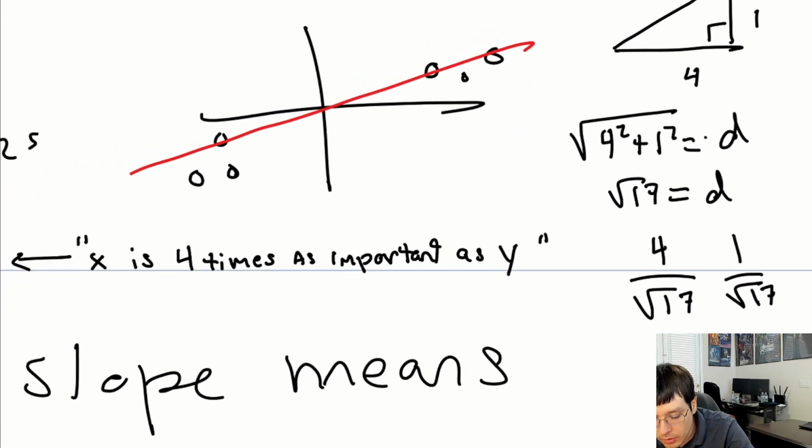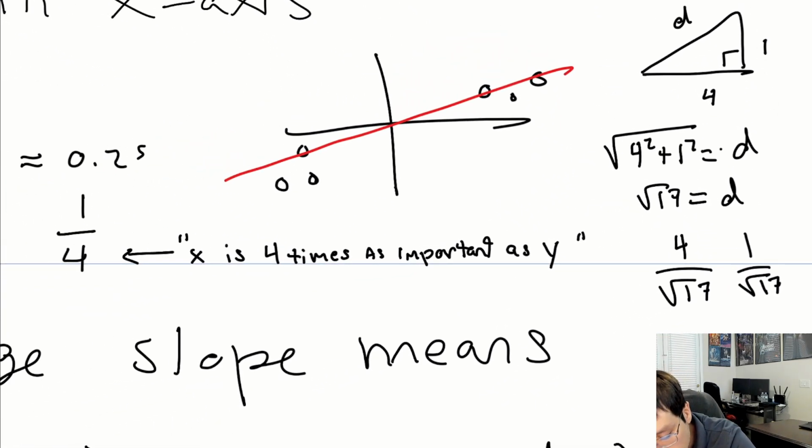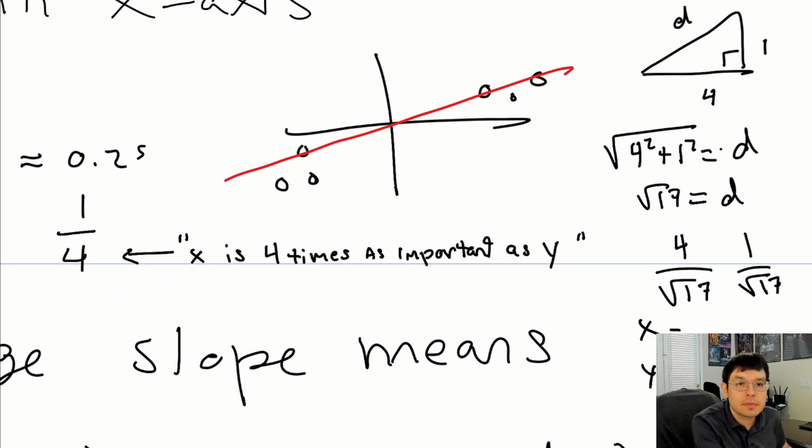Okay? So if I compute that, let's see what that's equal to. For that, I'm not doing it by hand. Square root of 17. So this one is about 0.24. And the other one is 0.97.